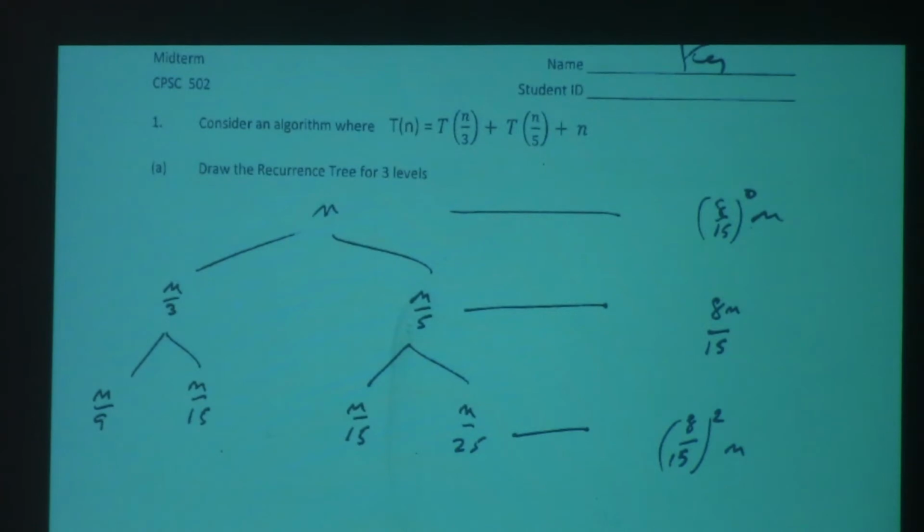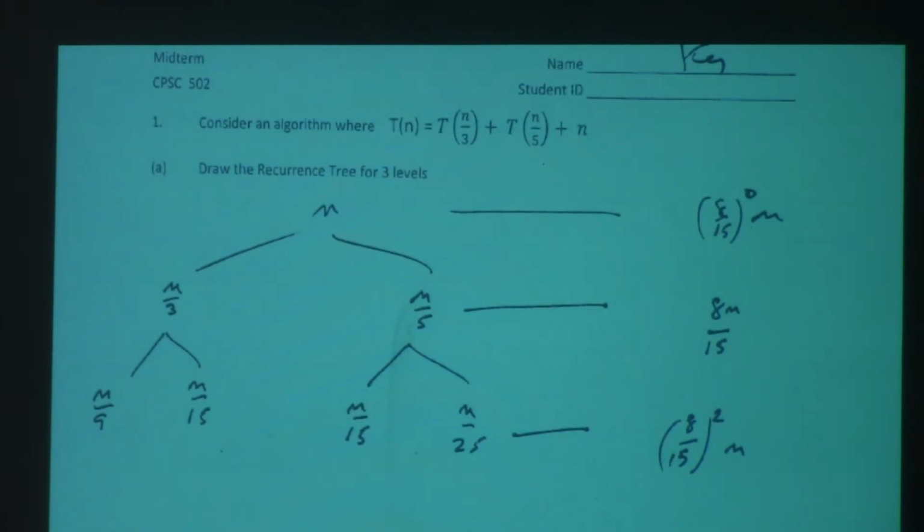This exponent corresponds to the depth. So depth is 0, 1, 2, 3. Because the tree will become a little bit jagged, it'll kind of look like this towards the bottom.